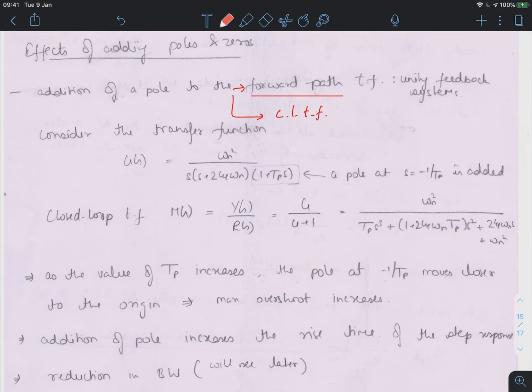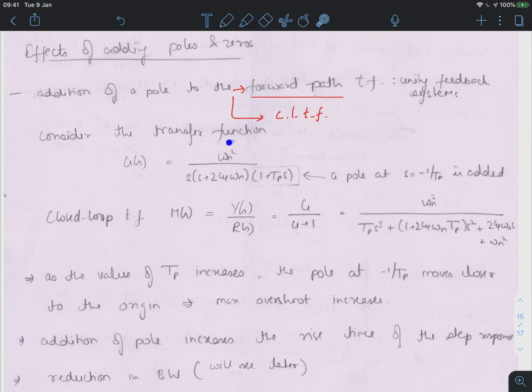Okay. So consider this transfer function, where this one is the forward path transfer function we had earlier. Now in the forward path transfer function, an additional pole has been added, and this additional pole is located at s equal to minus 1 upon Tp.